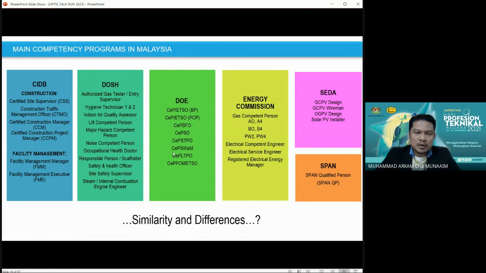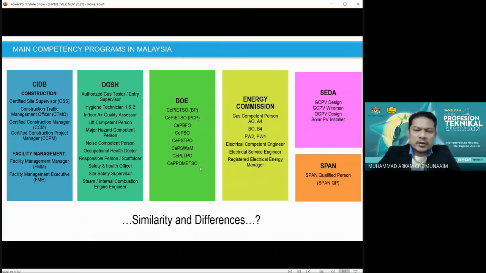CHEP SWAM, competent person, S is scheduled waste management, bahan-bahan buangan terjadual. CHEP LTP, leachate treatment plant operation, competent person. CHEP POM, competent person for POM, palm oil mill effluent treatment operations.